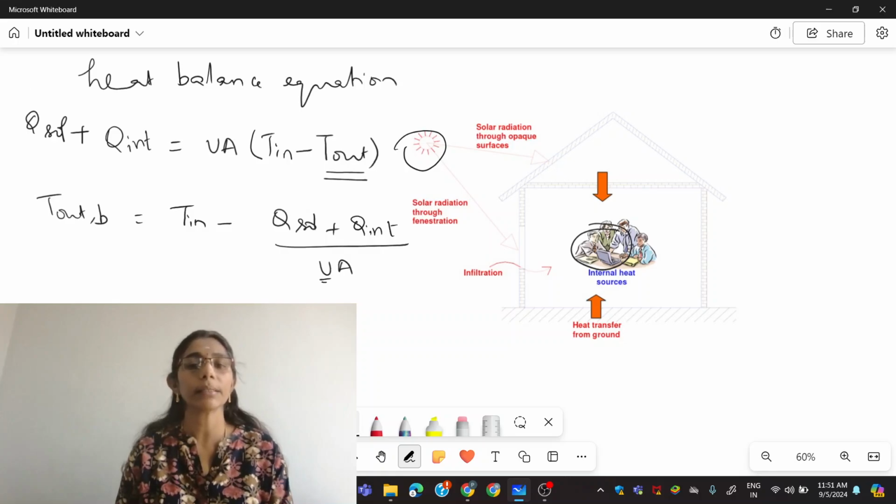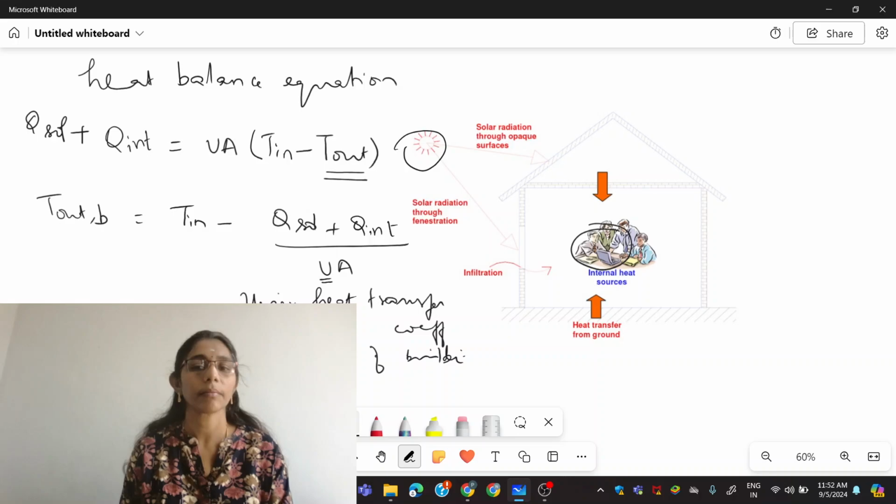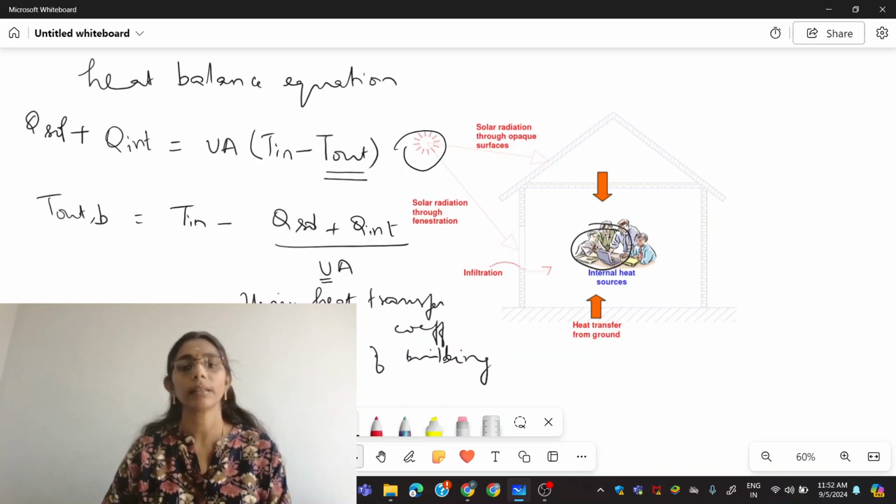Here the U represents the overall heat transfer coefficient, and A represents the area of this building. Is that clear?